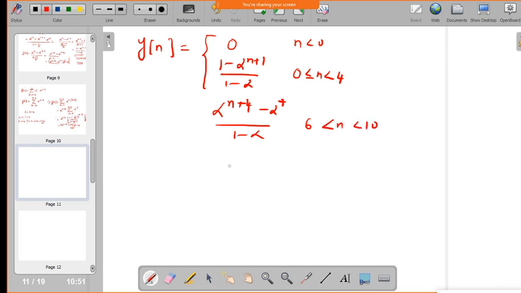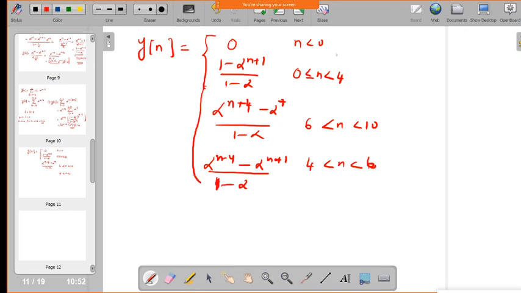And in between, from 4 to 6, we have derived n minus 4 minus alpha power n plus 1 divided by 1 minus alpha. Okay, so these are the outputs we got for the indexes.